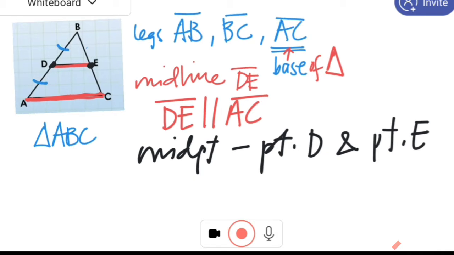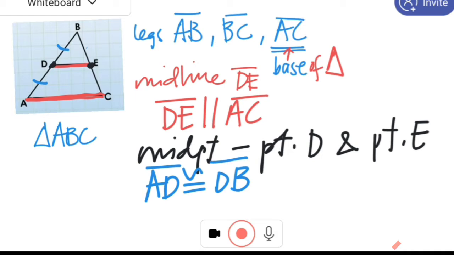For segment BA, we will have AD is congruent with DB. Again, midpoint is a point that divides the segment into two congruent parts.